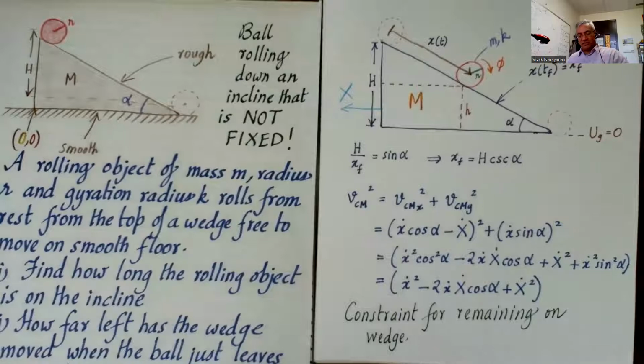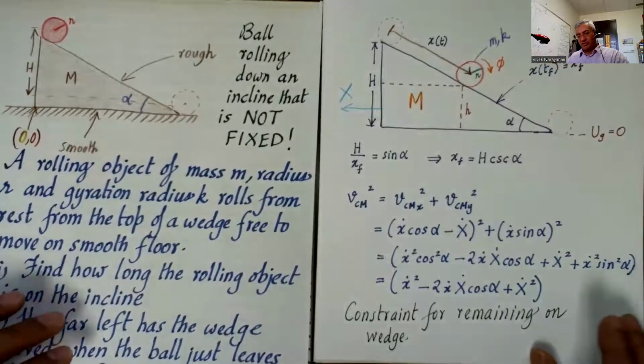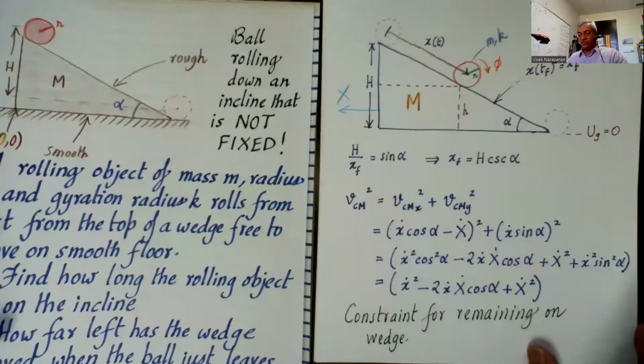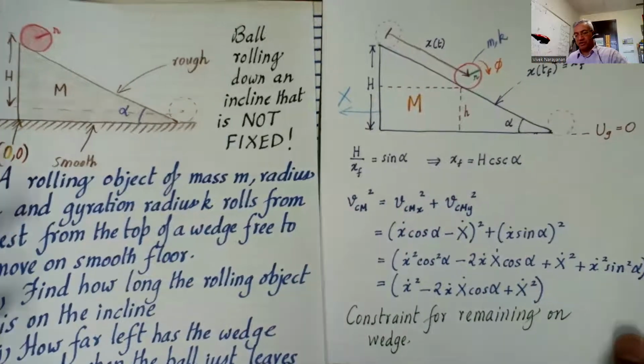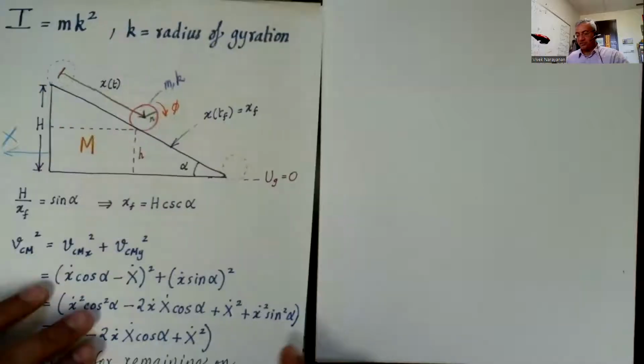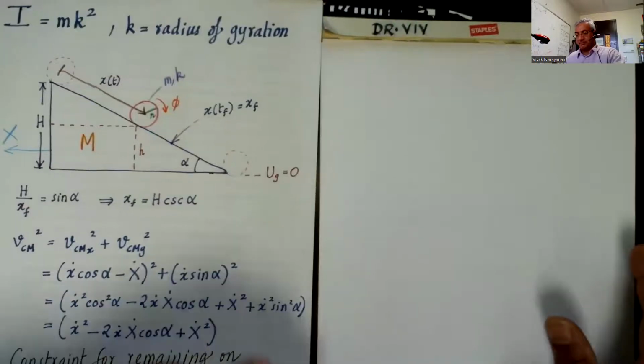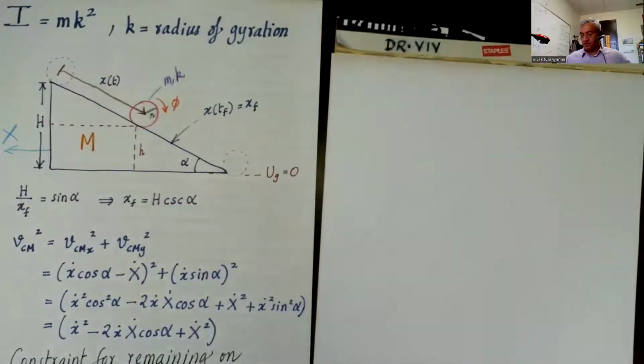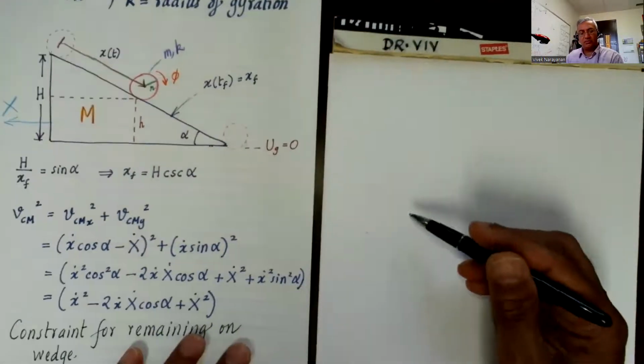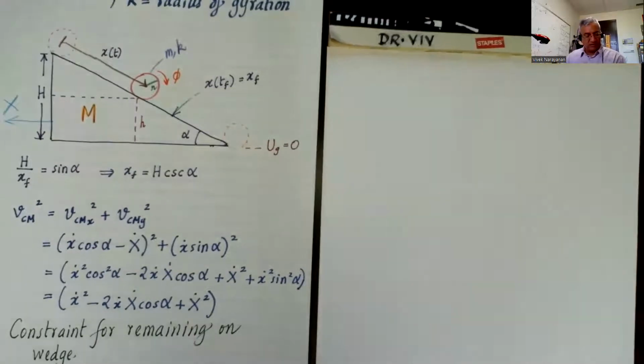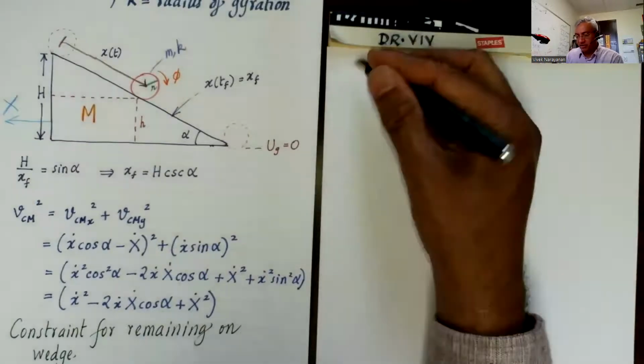So that's the first thing. What about the next constraint? We also know the ball does not slip. So the no slip condition will have to be incorporated next. So let's do that. We'll call that the no slip constraint, or the rolling without slipping constraint.